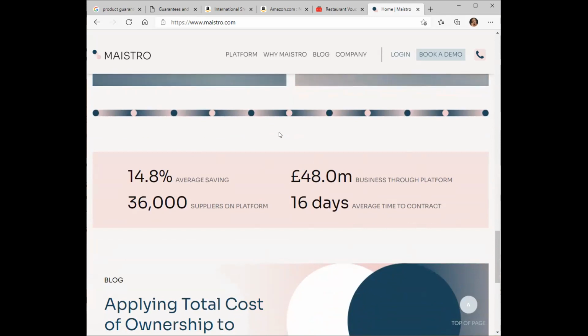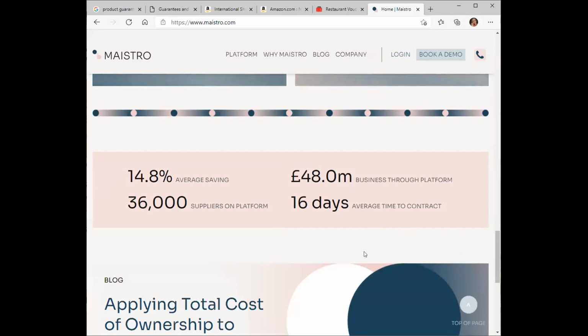So you can see that they said here, if you use a platform like Maestro, you can get 14.8% average savings on the services or products that you procure. And you have access to over 36,000 suppliers on the platform. Please, can you see that? And yes, an average of 16 days time to contract.